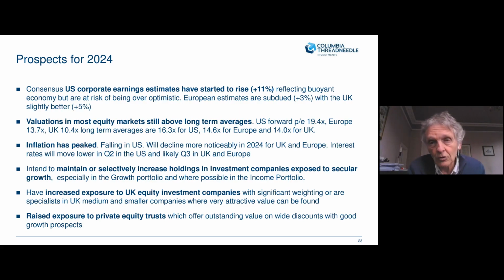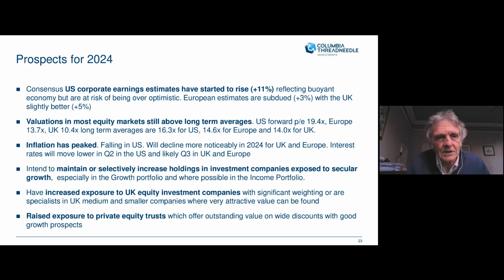In the case of Europe and the UK, estimates are much more subdued, but curiously, estimates in the UK are holding at the moment, and at 5% are actually better than I think many have expected. But the key reason, and point 2, please look at this, the price earnings ratio is one of the key yardsticks for valuing a company, valuing a market.